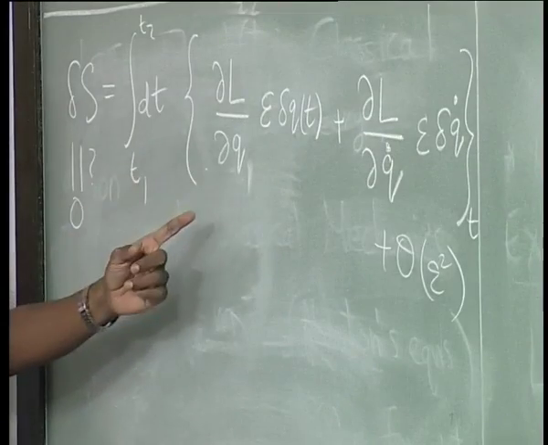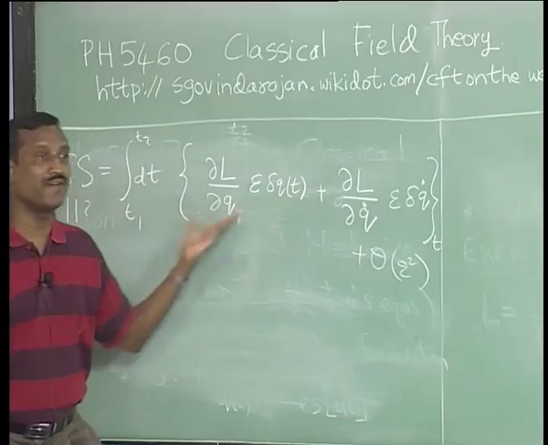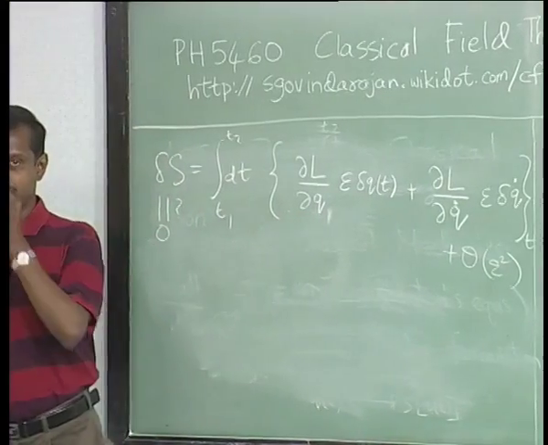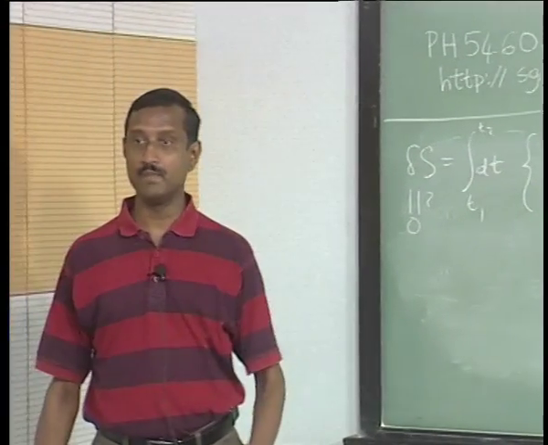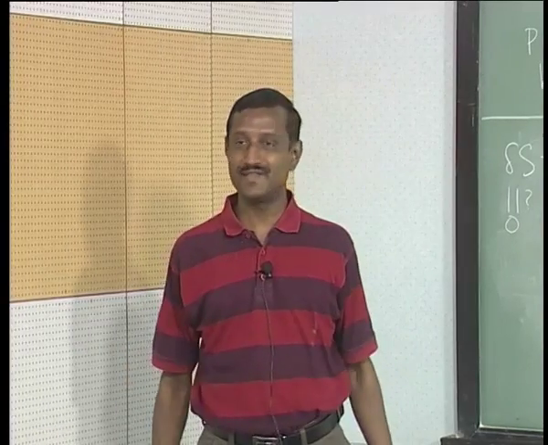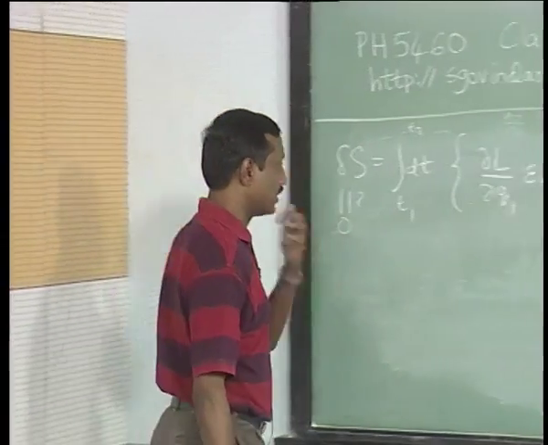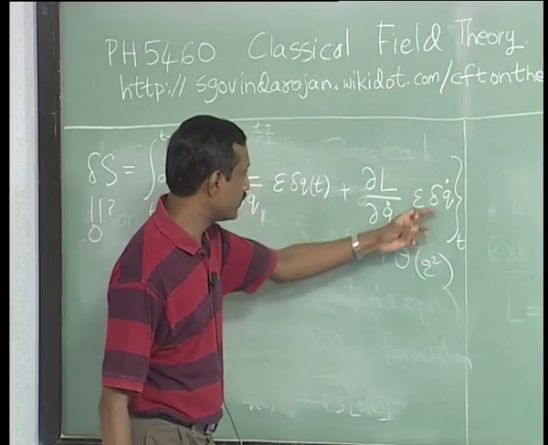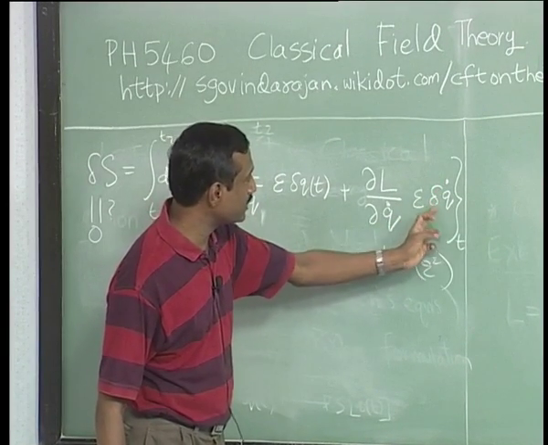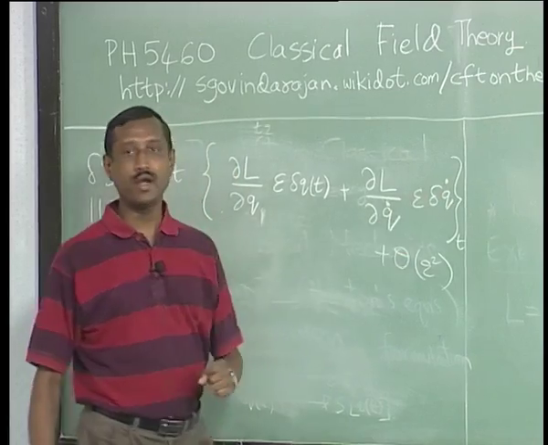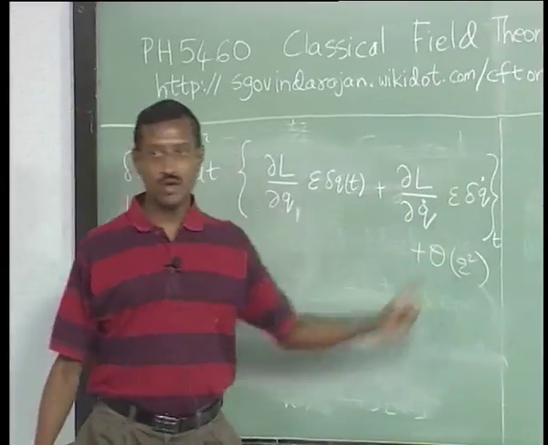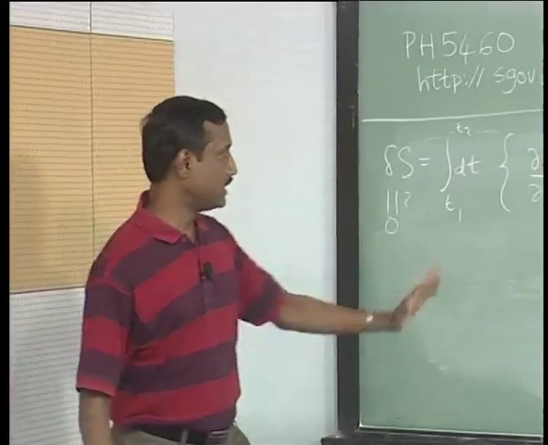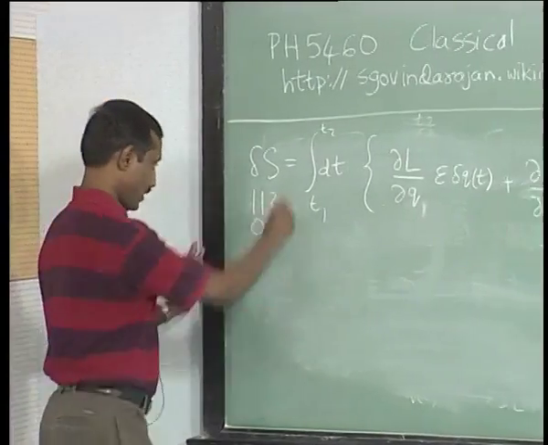So this can happen only when every term vanishes separately for each time. So the curly bracket should be 0 by itself, but we will do one more step before that. We will use the fact that delta q dot is nothing but d by dt of delta q, and we will integrate by parts and rewrite this thing.